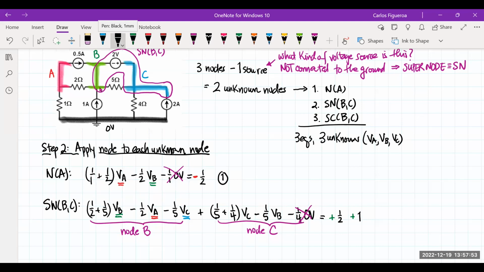And then look at the blue node. There's 1 current source flowing in, so I'm going to get a plus for this one, which will be 2. If I add this up, this is going to be 3.5, and that gives me that node right there. So right now I have 2 node equations here.